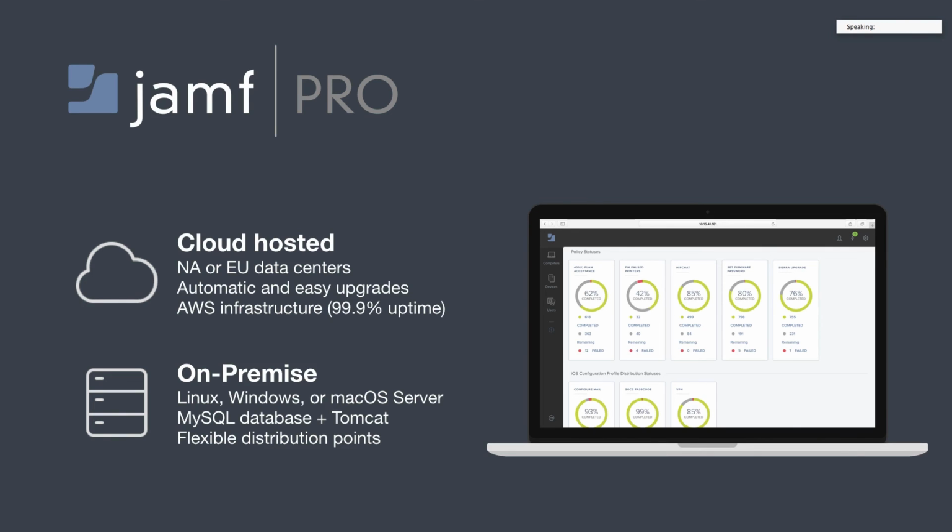If you choose to run it on premise, it's a very lightweight server, so you can virtualize it if you want to, and we support Linux, Windows, and Mac OS for the server component, because it's really just a MySQL database talking to a Tomcat server. And you can have multiple distribution points if you are distributing software within your offices.